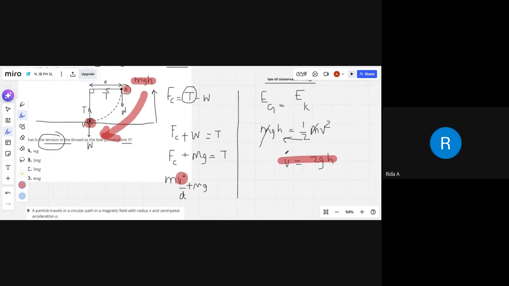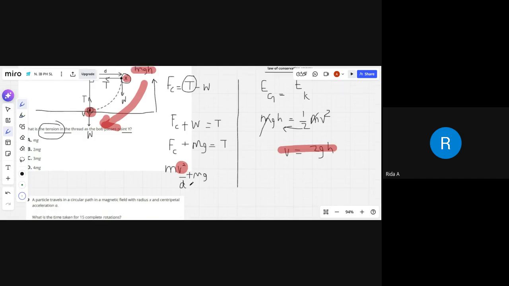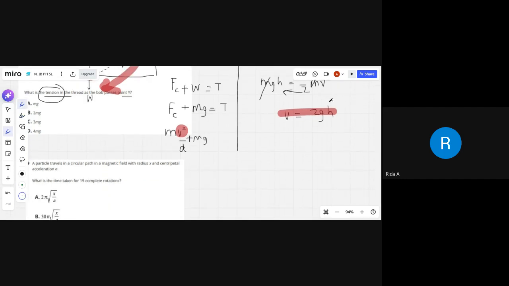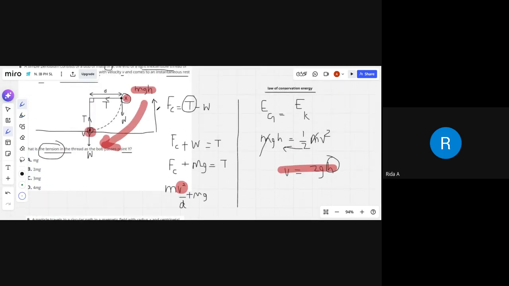I will plug that in here, 2gh, and your h is just this maximum height, the radius of the circle, d. So you just do 2gd. Then plug this v squared into this equation.